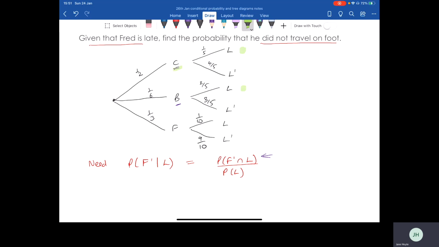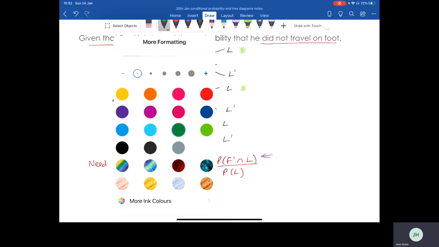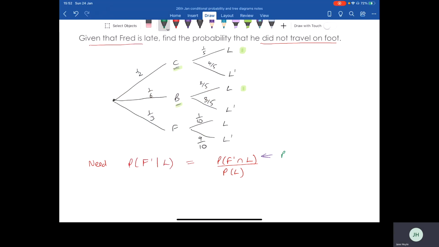So we want travels by car and he's late, and travels by bike and he's late. So that top one is going to be the probability of car intersection late plus the probability of bike intersection late.